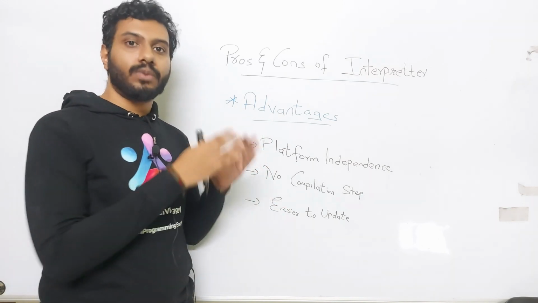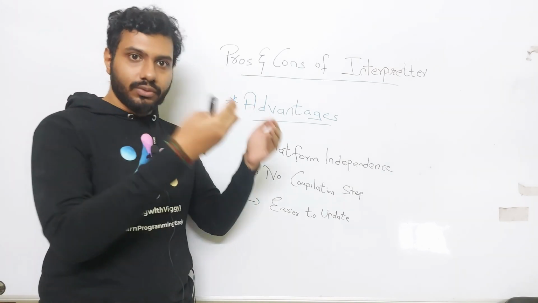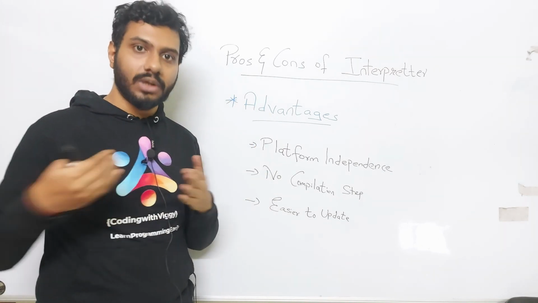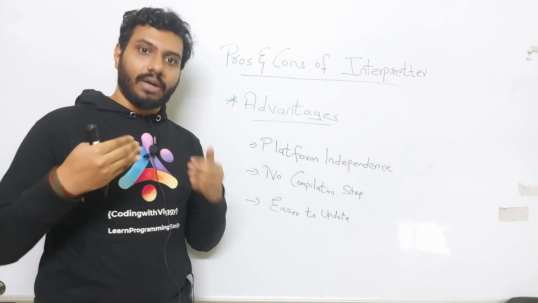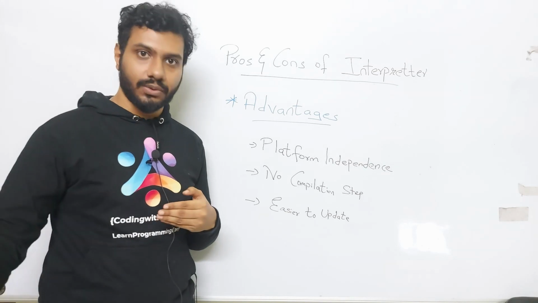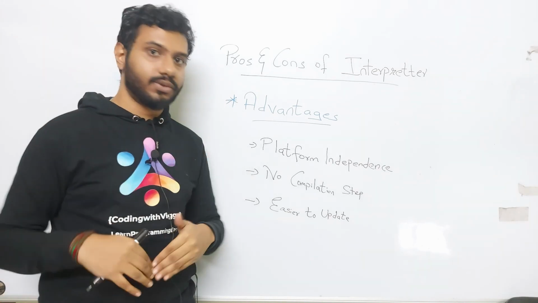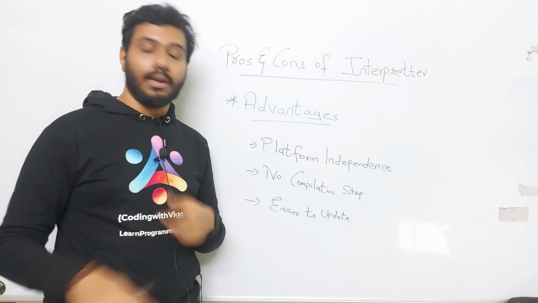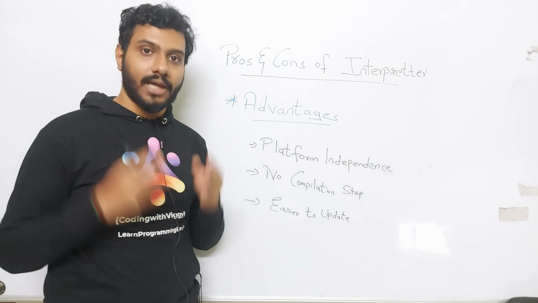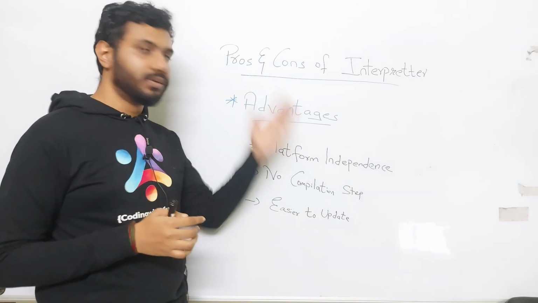If it were a compiler language, you can't do that. You need to get the whole code into another separate file, make changes, remove the error, compile it and execute it. You need to do that every time you find an error, and that takes a whole lot of time. So this is one of the advantages of the interpreter.